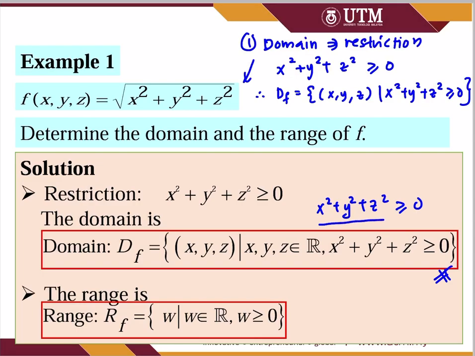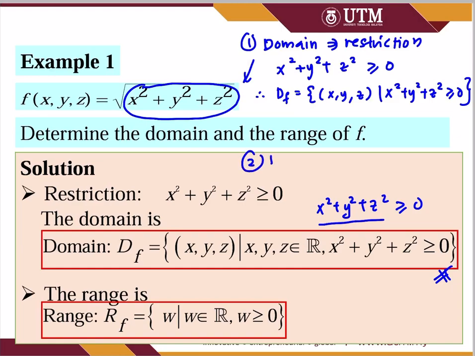The minimum value is 0. So if we substitute the value of 0, it will be 0, and if we substitute the value of 1, it will be greater and greater. So the minimum value is 0.